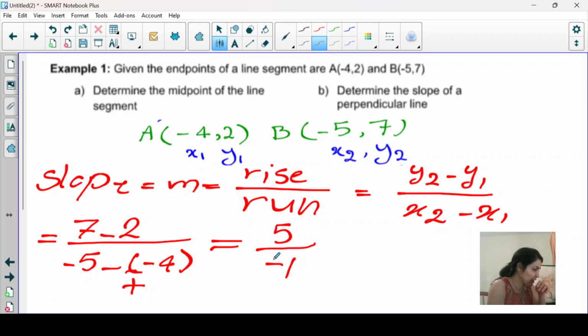You can move the negative sign, so it's equal to negative 5 over 1, and if you want to simplify, you get rid of the denominator because it is 1. This is the slope of the line AB.